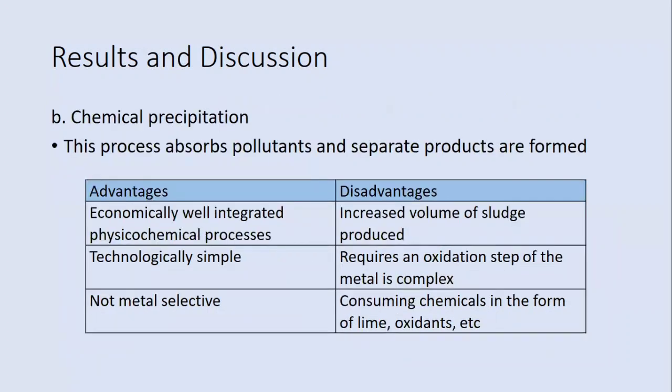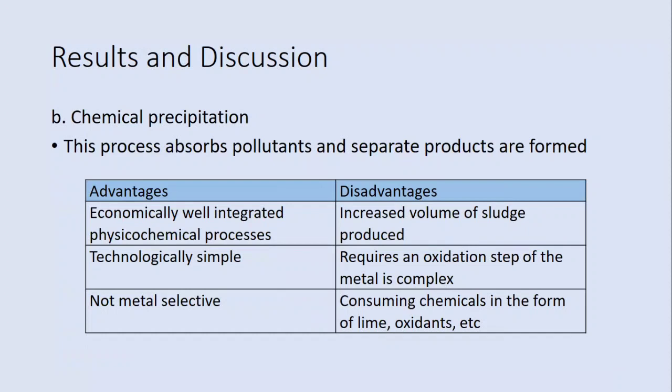And two, there is chemical precipitation. This process absorbs pollutants and separates products formed. The advantages are: one, economically well integrated physiochemical processes, two, technologically simple, and three, not metal selective.